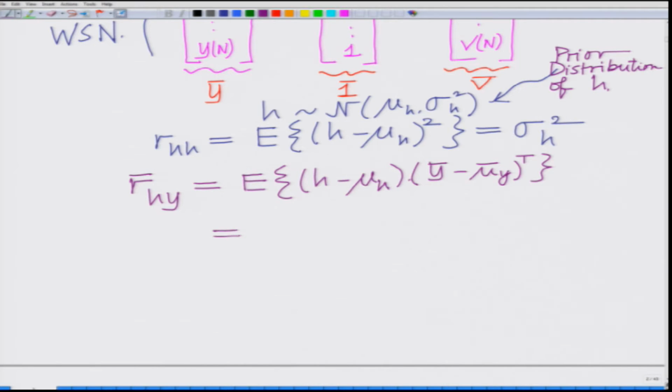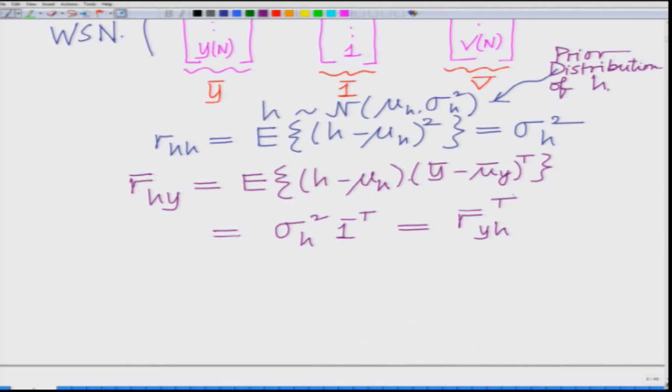We have already evaluated this quantity: it is sigma h squared into 1 bar transpose. That is it. This r bar h y is the expected value of h minus mu h into y bar minus mu y bar, which is sigma h squared into 1 bar transpose.